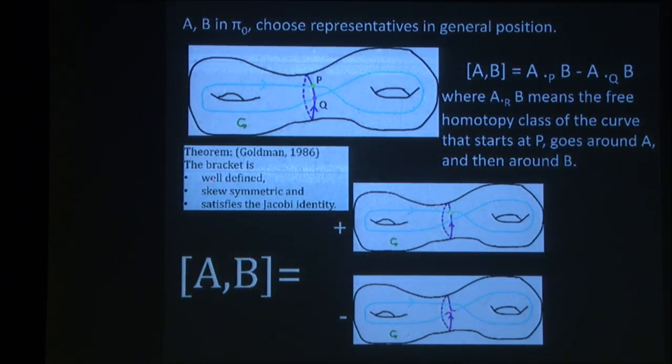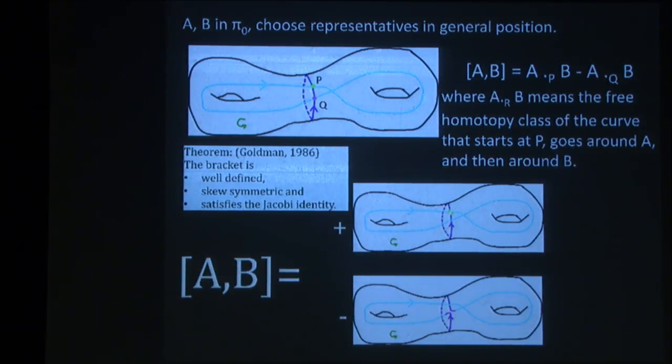So I'll show you in a moment a big idea of why it is well defined. It's skew symmetric. This is on the nose because the sign was defined by the order of these curves. And this is the magic thing. It satisfies the Jacobi identity. Well, it's also magic that it is well defined, of course.